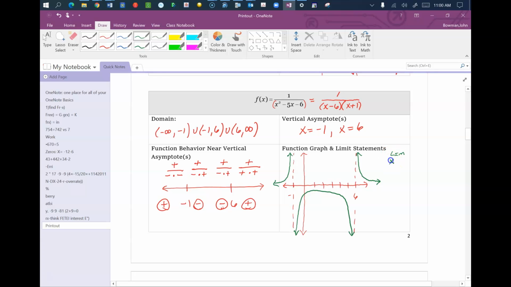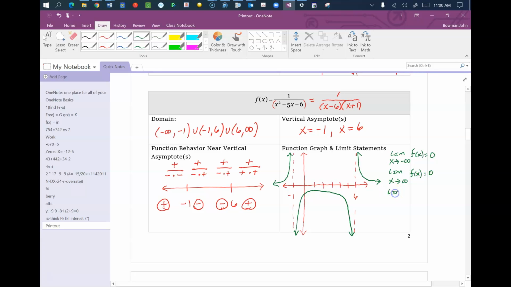The limit as x approaches -infinity of f of x is equal to 0. The limit as x approaches +infinity of f of x is equal to 0.